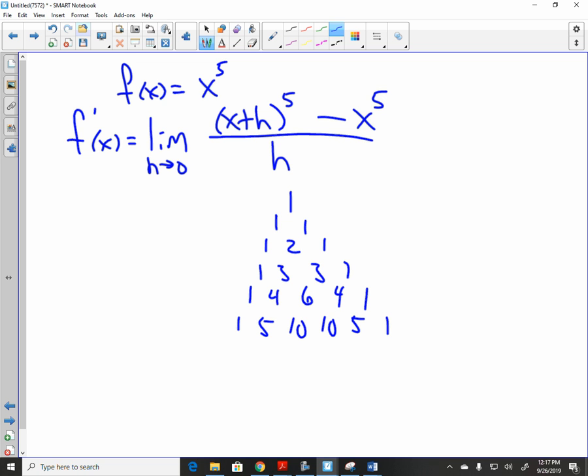And that's the 0 power, 1st power, 2nd power, 3rd power, 4th power, 5th power. What's very interesting about Pascal's triangle, you guys were able to add the previous 2 entries in order to get the one below it, correct? But please note that it always starts out with 1, correct? And then the second one is the power. Agreed?